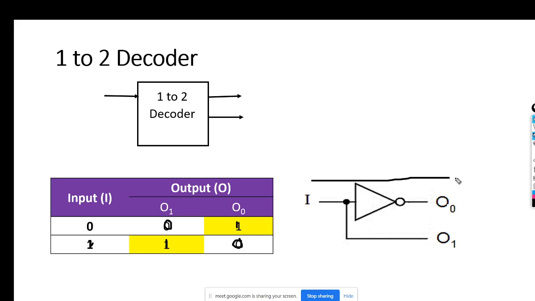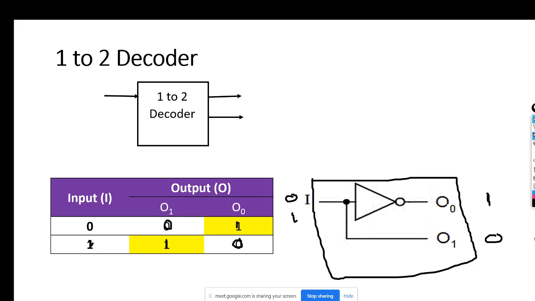It's very easy. You just have this particular circuit component. Now you can see that when I equals 0, O1 is 0 because there is a NOT gate, and O0 is 1. When I equals 1, this one is 1 and now this one is 0. That is exactly what we want.